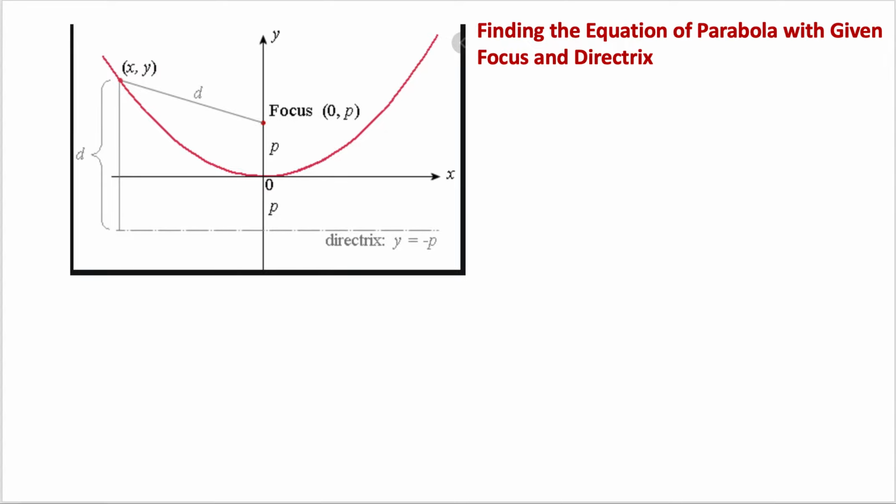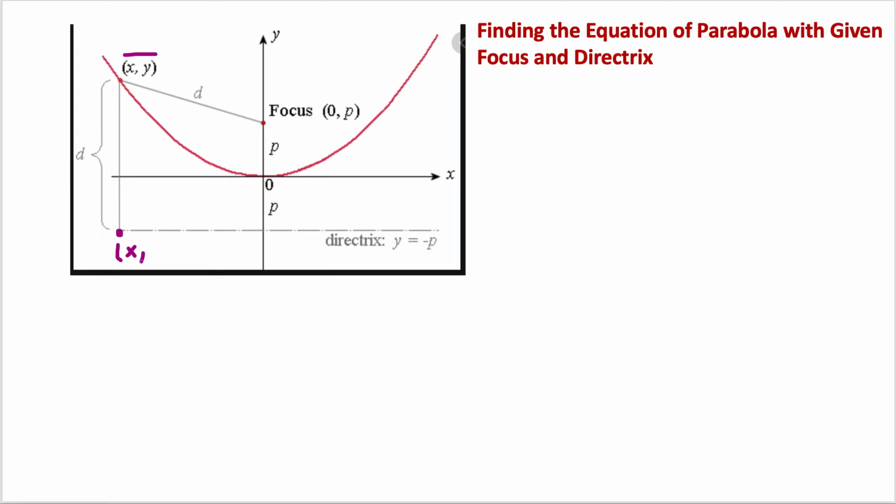Let me take a pen here. Any point on the graph is (x, y). From this point up to the directrix, we have another point whose x is the same, because it's a perpendicular, so this is x.